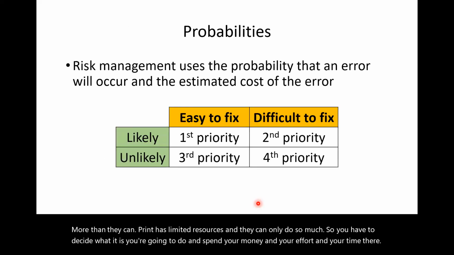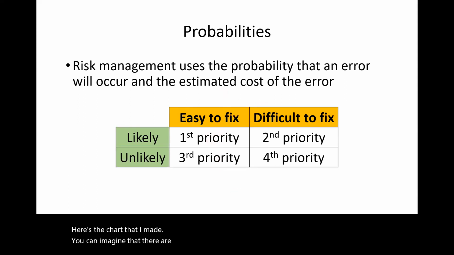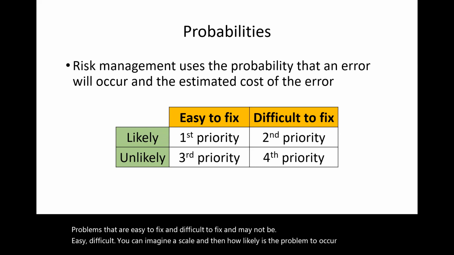Here's a chart that I made. You can imagine that there are problems that are easy to fix and difficult to fix. It may not be easy or difficult, you can imagine a scale. And then how likely is the problem to occur or not?